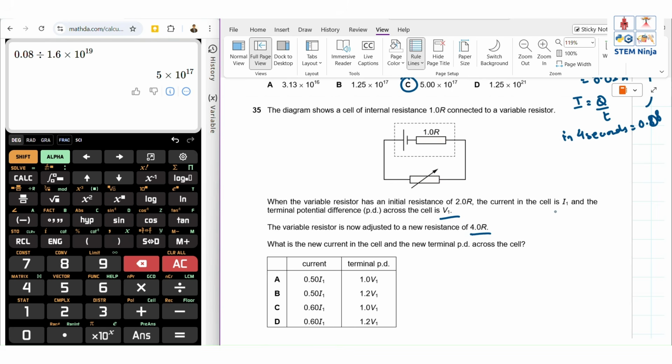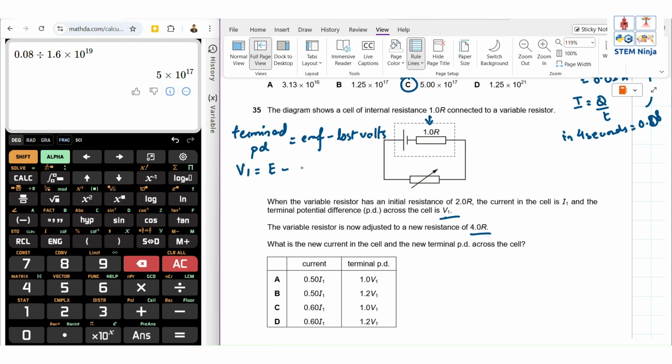Okay, so again, this is also written in the definitions and formulae booklet that the terminal PD is equal to the EMF minus the lost volts. Lost volts actually come from the internal resistance. So in the first case, you have V1, terminal potential difference, EMF remains the same, constant.